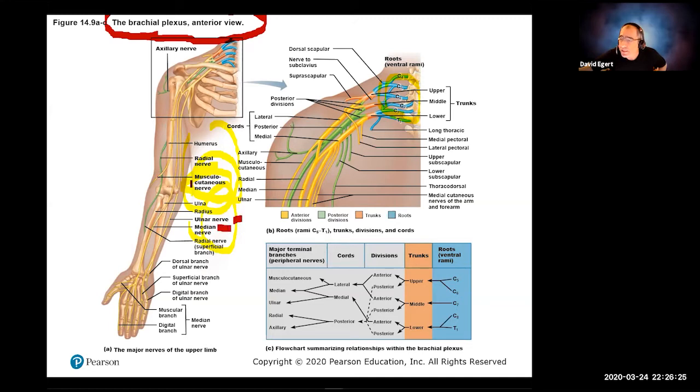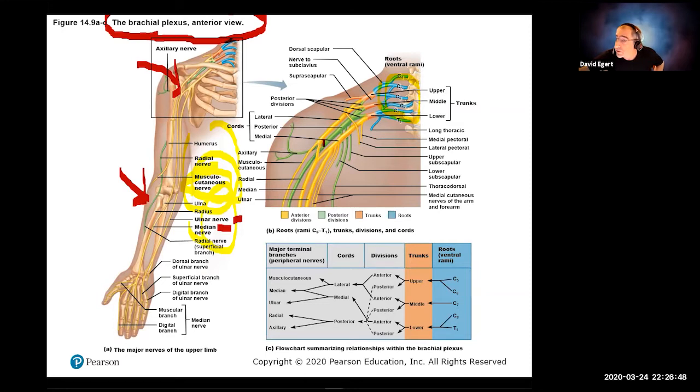When you're just looking at these things coming down the arm, you really can't tell which is which unless you go back up to the origin and see how they arise. Ultimately, they make this very distinctive pattern that we're going to talk about in a few moments.